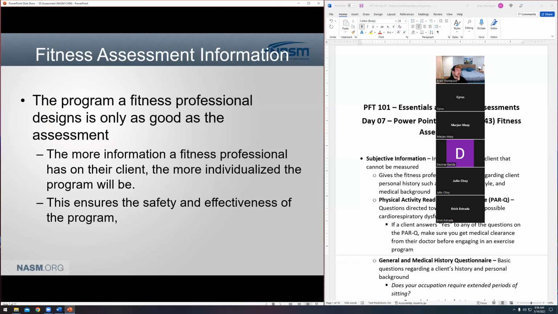I'm trying to remember what the question actually was yesterday, but we had some questions about how long it's going to take to fix somebody's posture depending on where they happen to be, right? Like how long would it take to fix an anterior pelvic tilt or something like that? And it's a really hard question to answer because we don't really know how they got there.